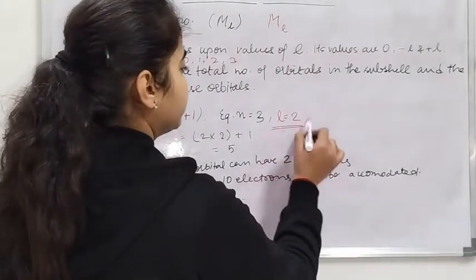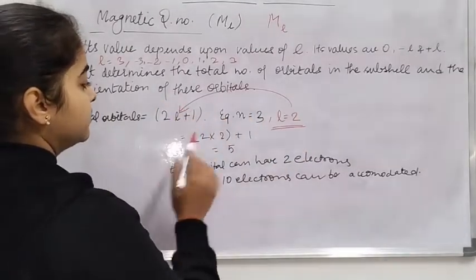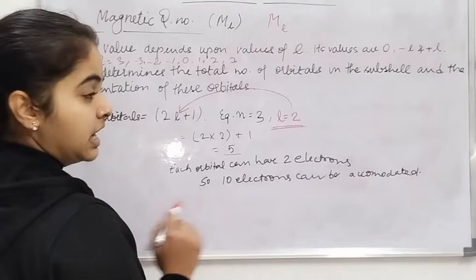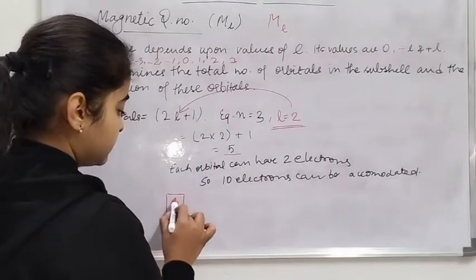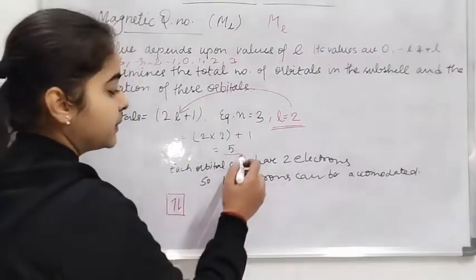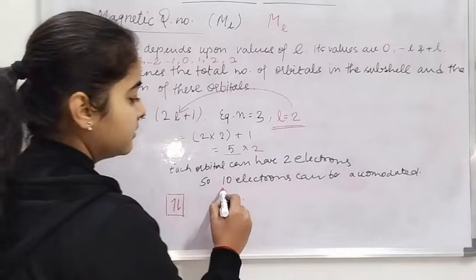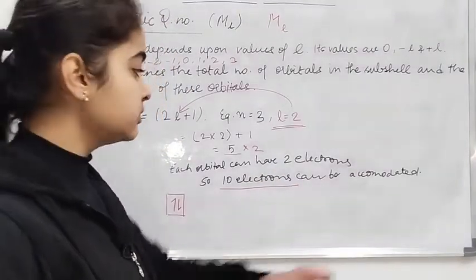Putting this value in the formula, we get 5. But we know that each orbital can have a maximum of 2 electrons. So we multiply this number by 2, and 10 electrons will be accommodated in those orbitals.